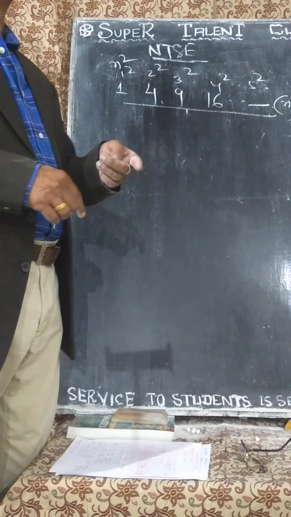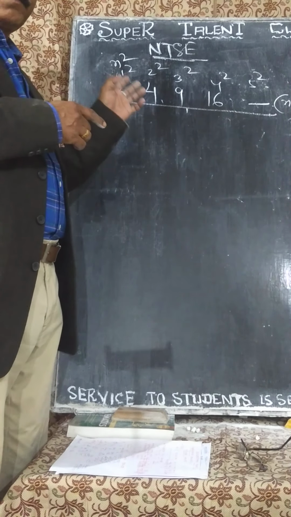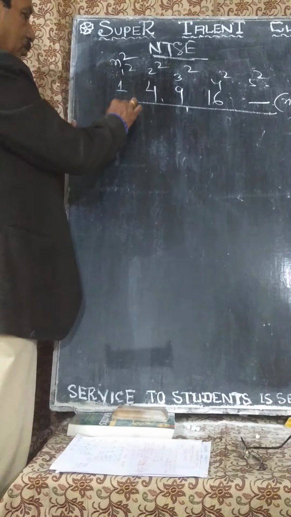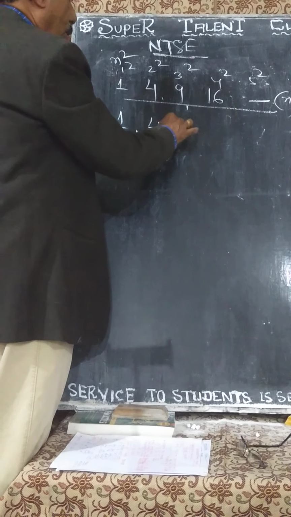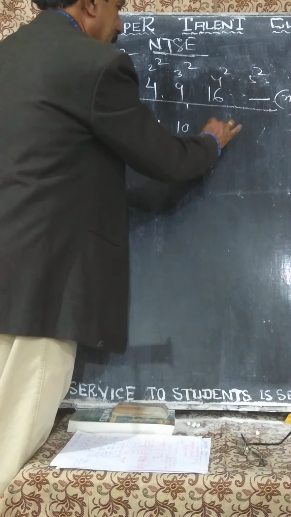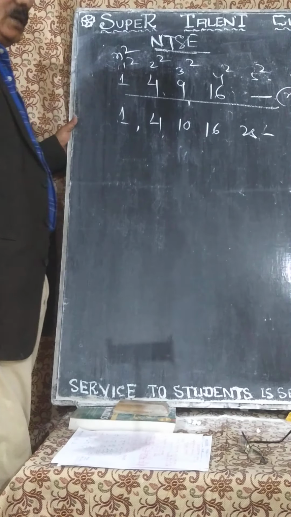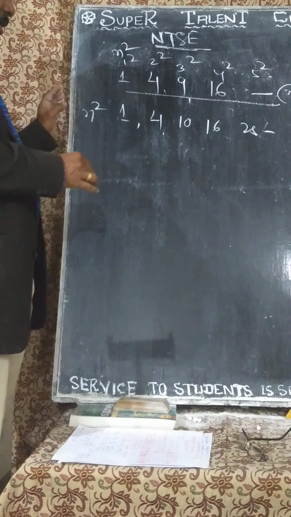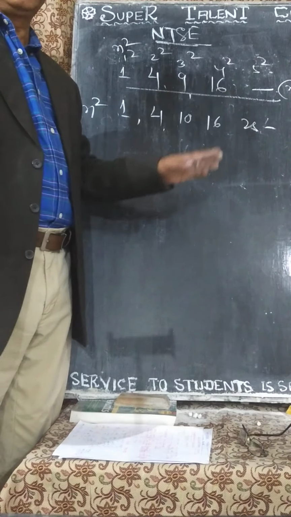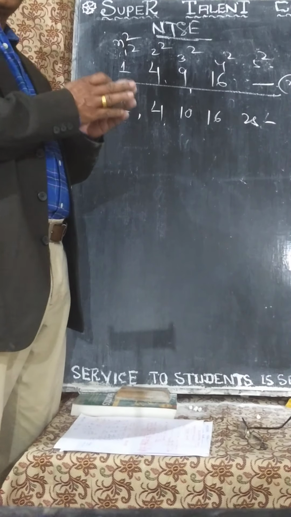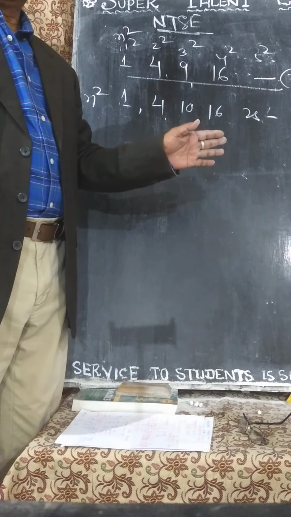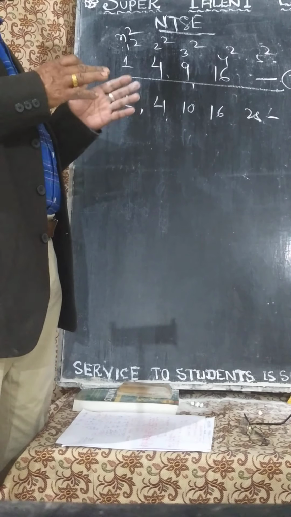If you get the clue n square, this logic has no limit at all. From one question I can drag you to 50, 100 questions. You can make them also. It is not fixed.